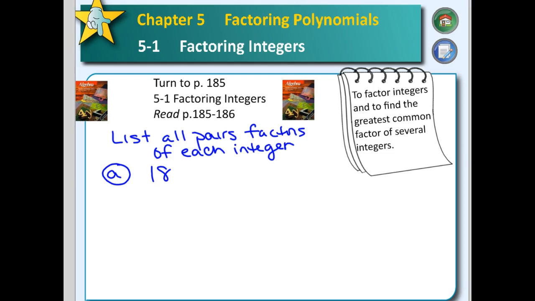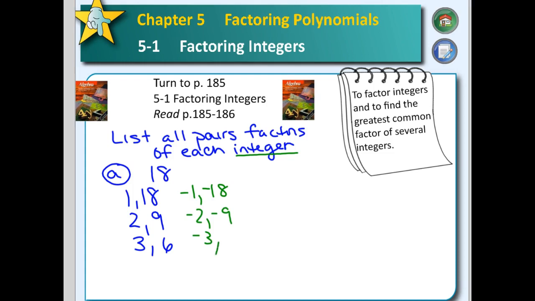Well, I know that that's going to be 1 and 18, and it could be 2 and 9, and it could be 3 and 6. Okay, there I've got 3 pairs of factors for positive 18. But because they said that word integer, that means it could also be negative 1 and negative 18. Because I know from chapter 2 that a negative times a negative is a positive. So instead of 3 pairs of integers, I actually have 6 pairs of integers because I need to give positive numbers and negative numbers.